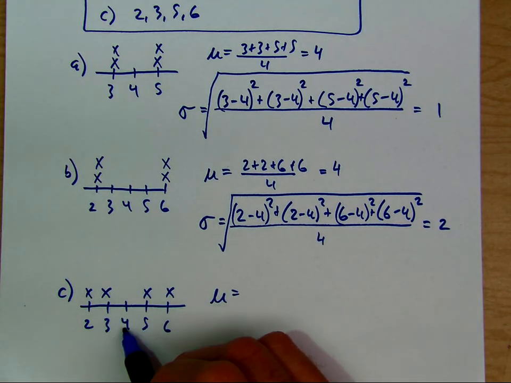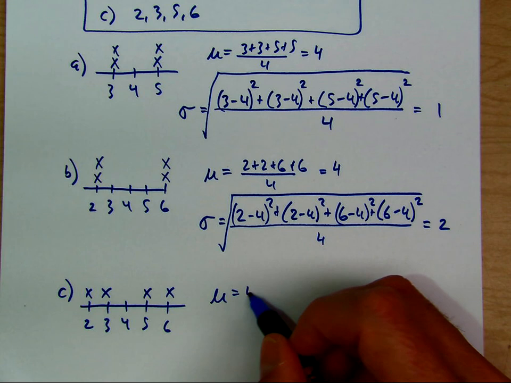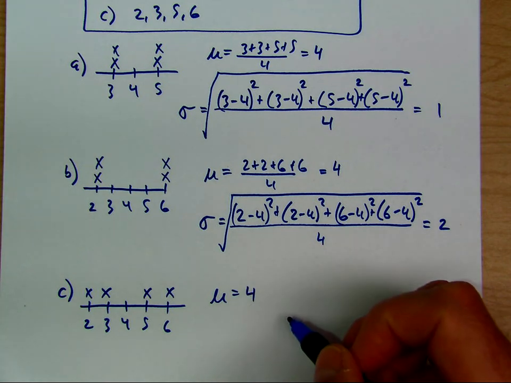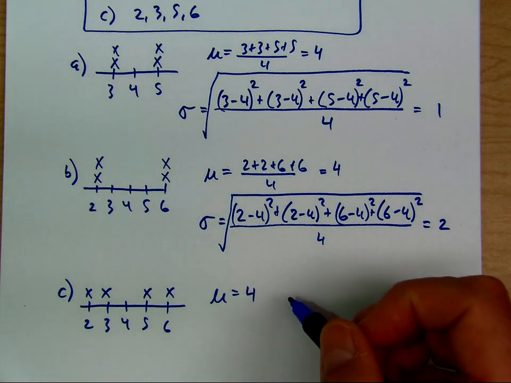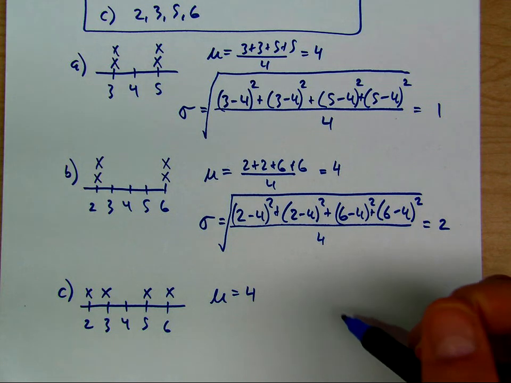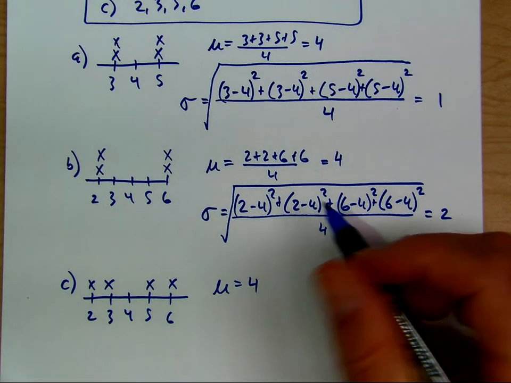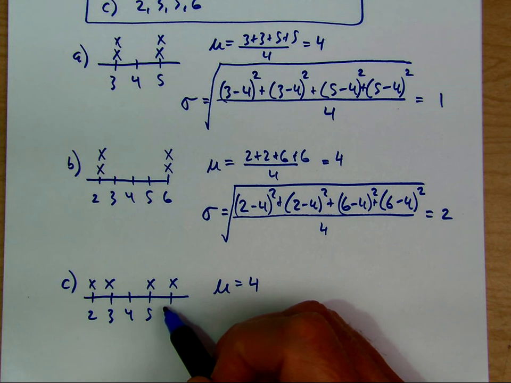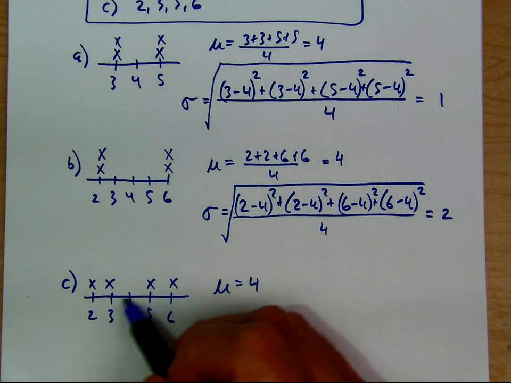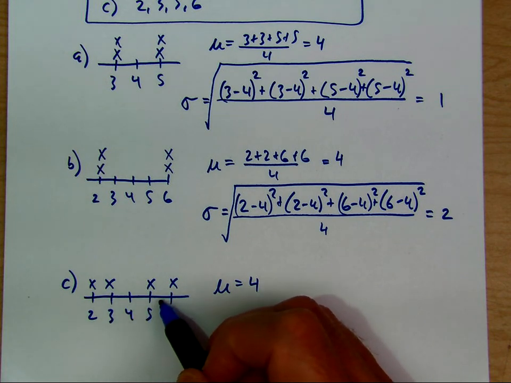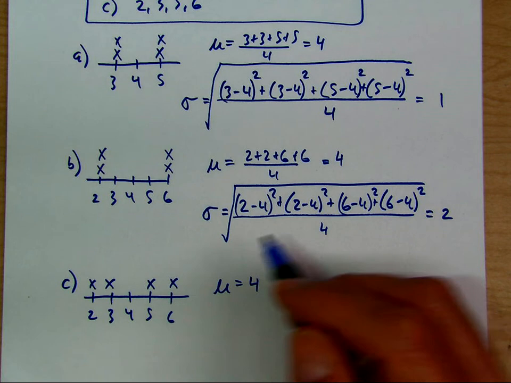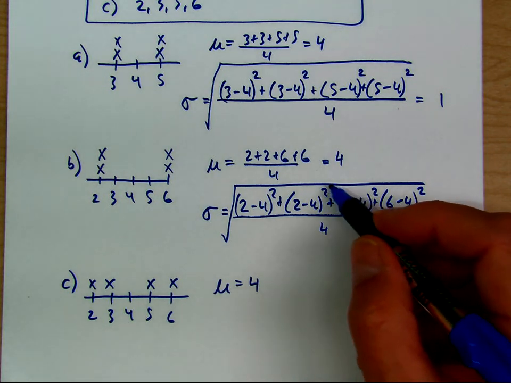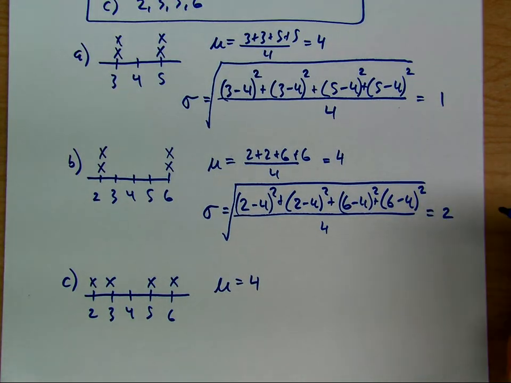It's centered on 4, so we can still see that the mean is 4. But now the standard deviation is going to be a little different than what we expect. If we see that half the data is 2 away and the other half is 1 away, maybe we would expect the standard deviation to be 1.5. But due to squaring and then taking the square root, it changes.